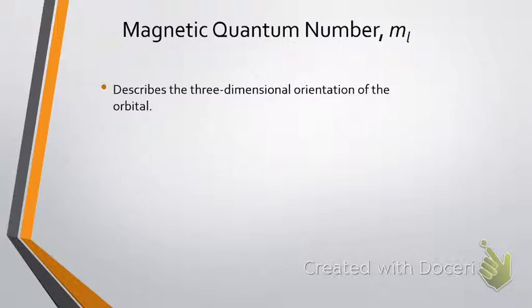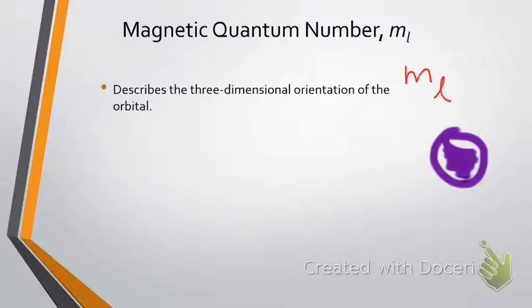Alright, so the third quantum number that we come to is called the magnetic quantum number, and it's m sub l. It describes the 3-dimensional orientation of the orbital. So for example, if we have an s orbital, which is a sphere, there's only one orientation.